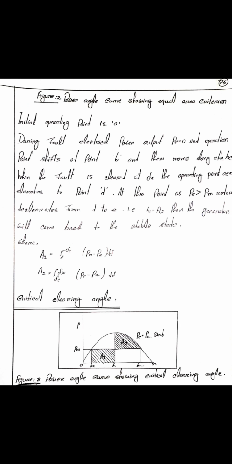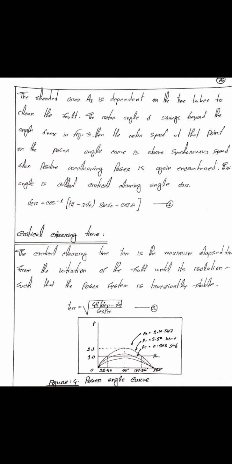Initial operating point is A. Critical clearing angle. Figure: power angle curve showing critical clearing angle. Critical clearing time tcr equal to root over 4H by omega s Pm times delta cr minus delta 0.